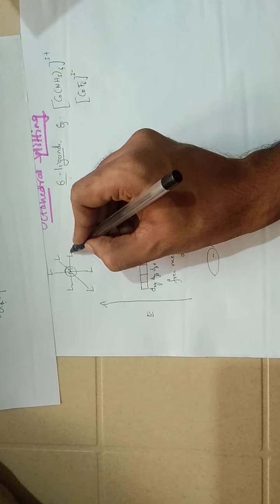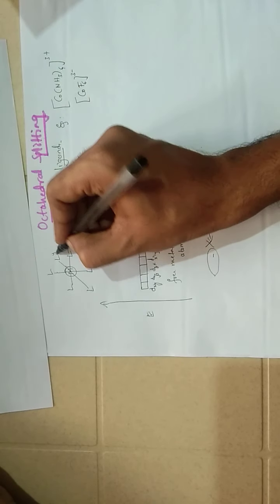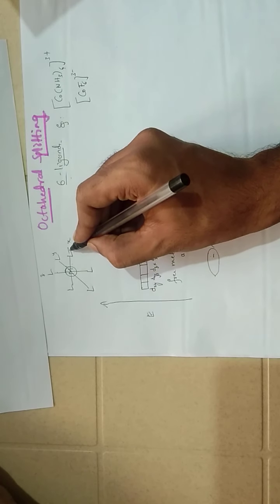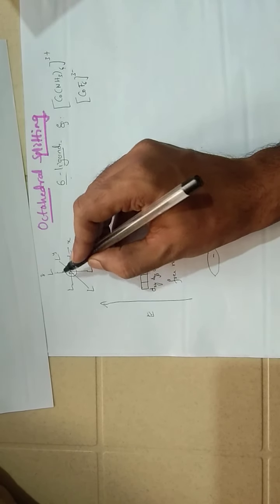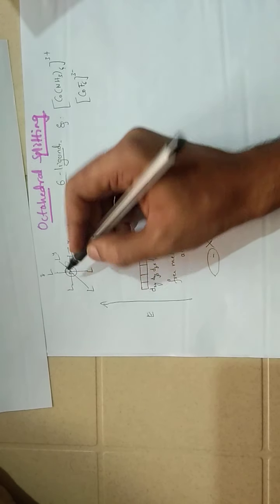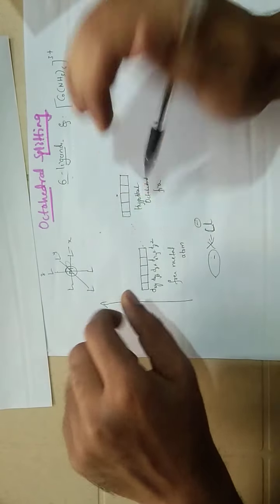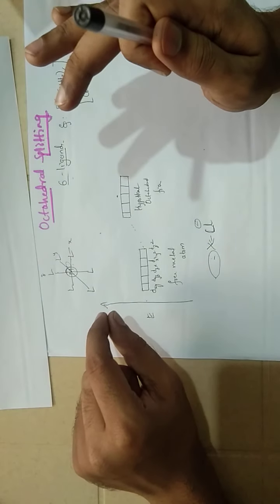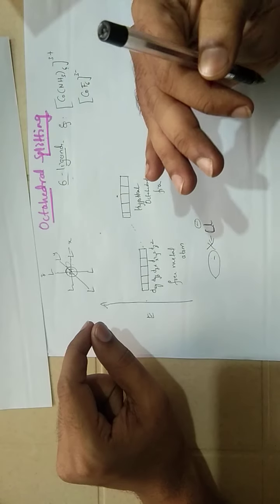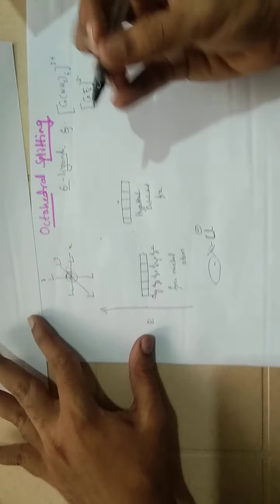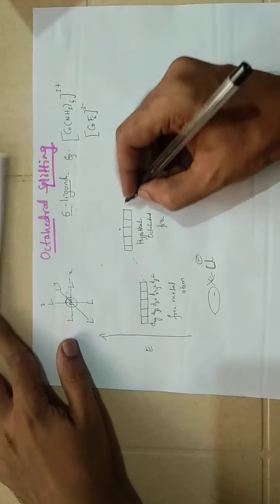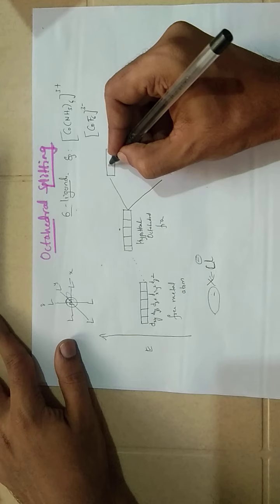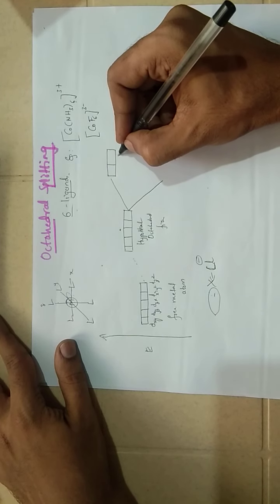If the ligands approach along the axis, those orbitals are directly facing the ligands, whereas xy, yz, zx are in between the axes. Whenever the interaction is direct, that will be more destabilized. More destabilized means stability will be less, so higher energy. So it splits into two sets of orbitals, one of which is called Eg.